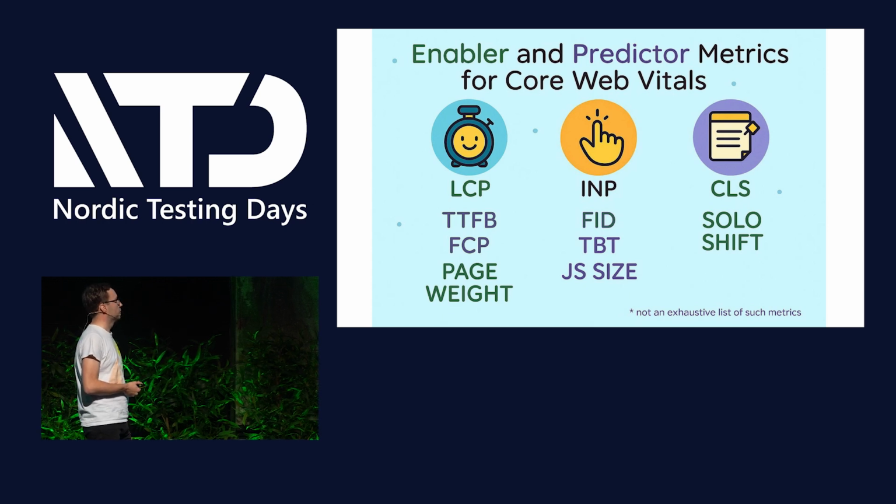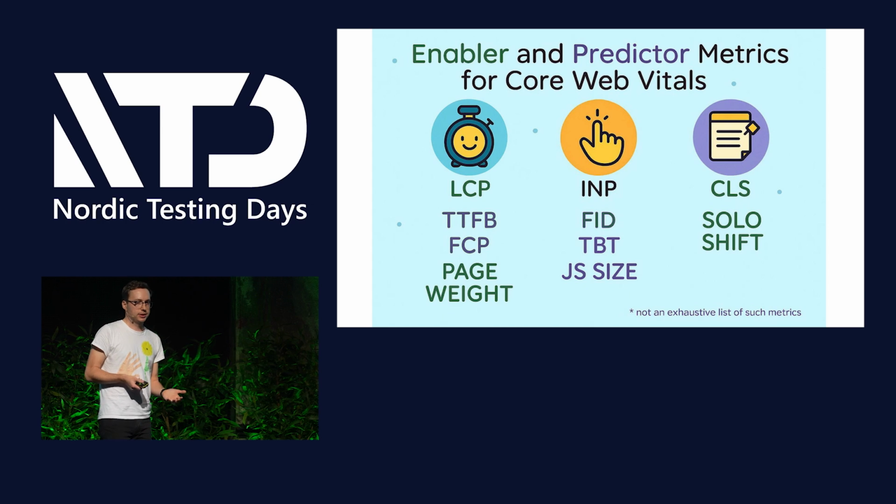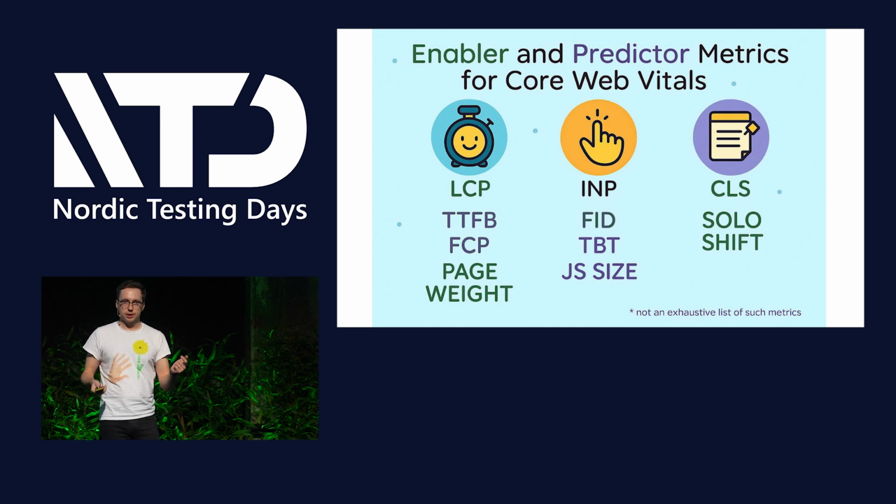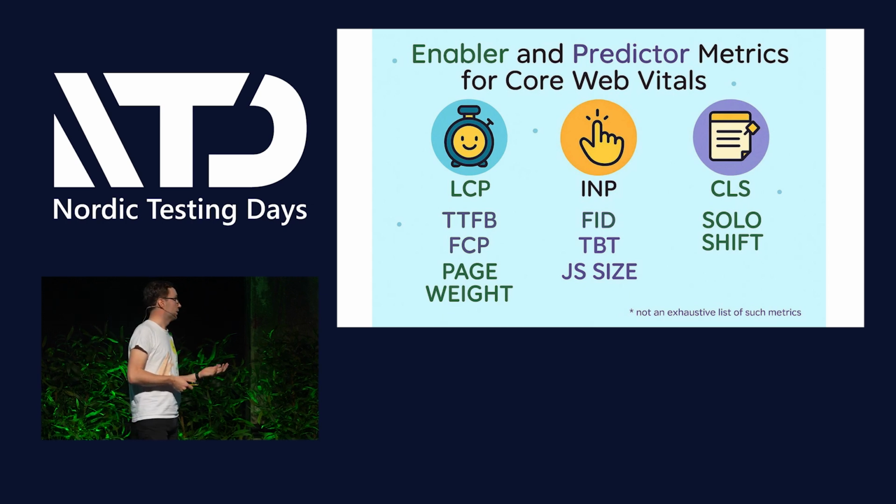And in terms of CLS, for example, if a single shift is already bad, then you know where to focus. The predictor metrics are kind of like, if you have big JavaScript sizes, that is already an indicator that if the bundle sizes are very large, then when they're downloaded, the browser will take some time to process these.